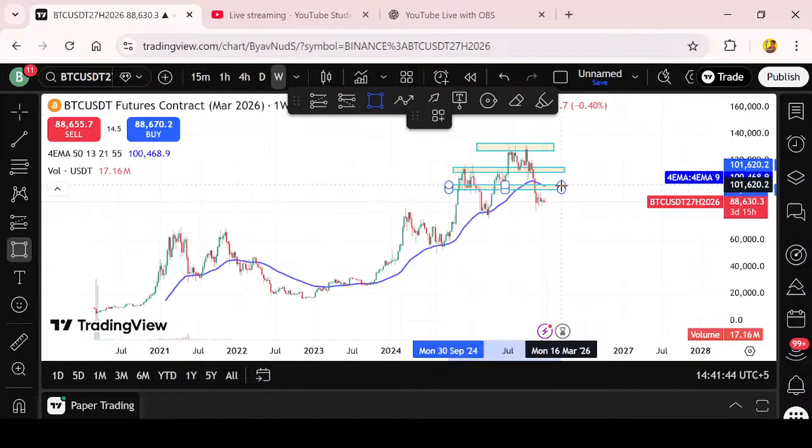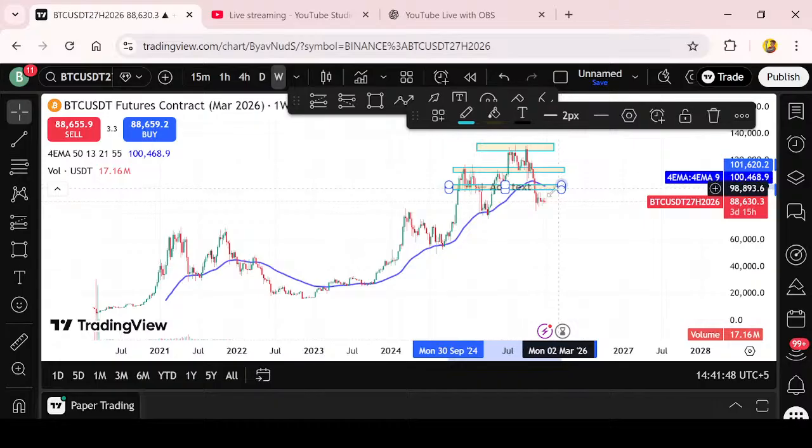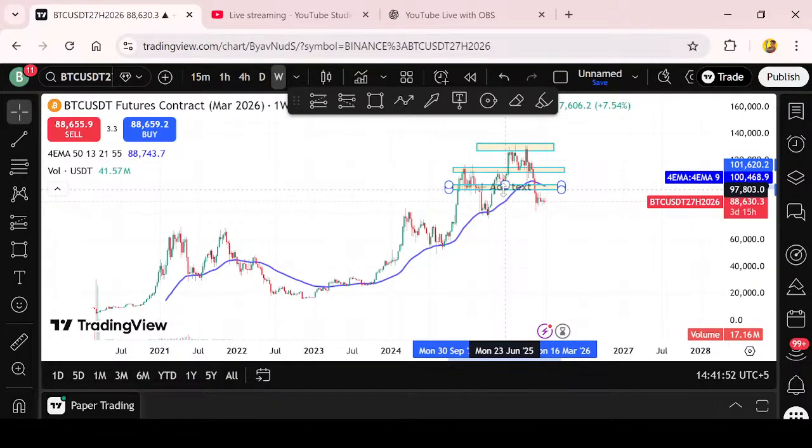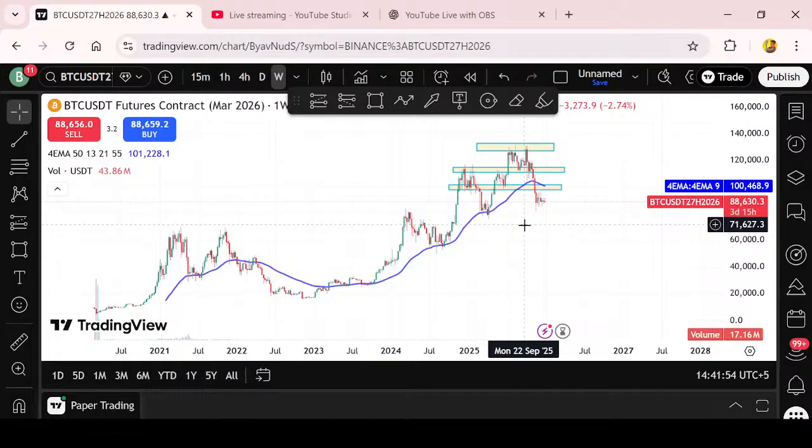I want to make one thing clear: these resistances make sense because you can see that all these resistances are in the higher time frame, not in the lower time frame.